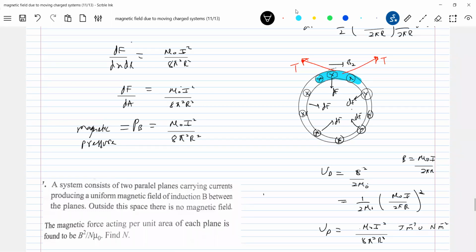So therefore, this magnetic energy density also I can call magnetic pressure. Both are the same. So we can calculate how much magnetic pressure, but we can't answer, will it contract or expand?